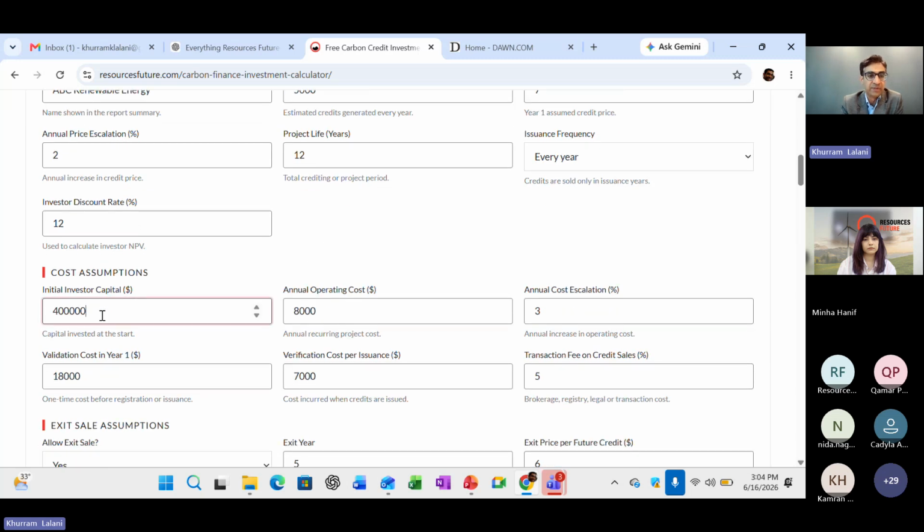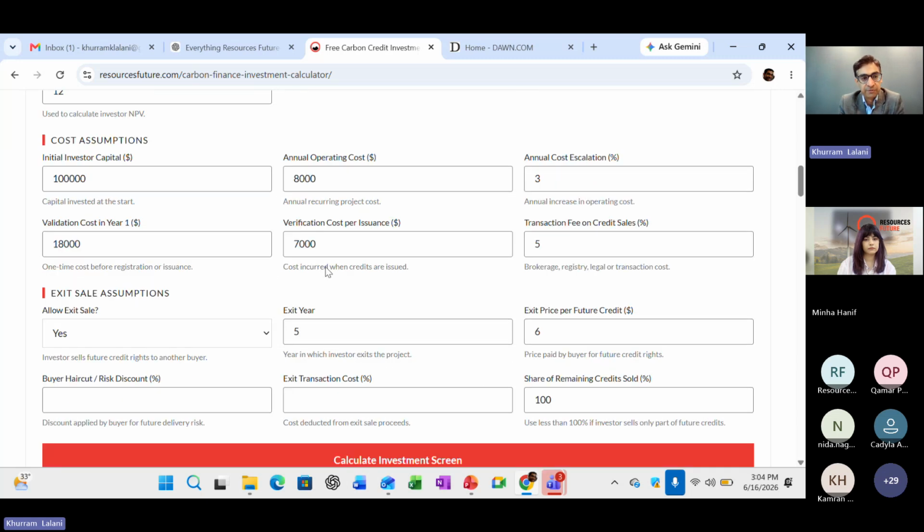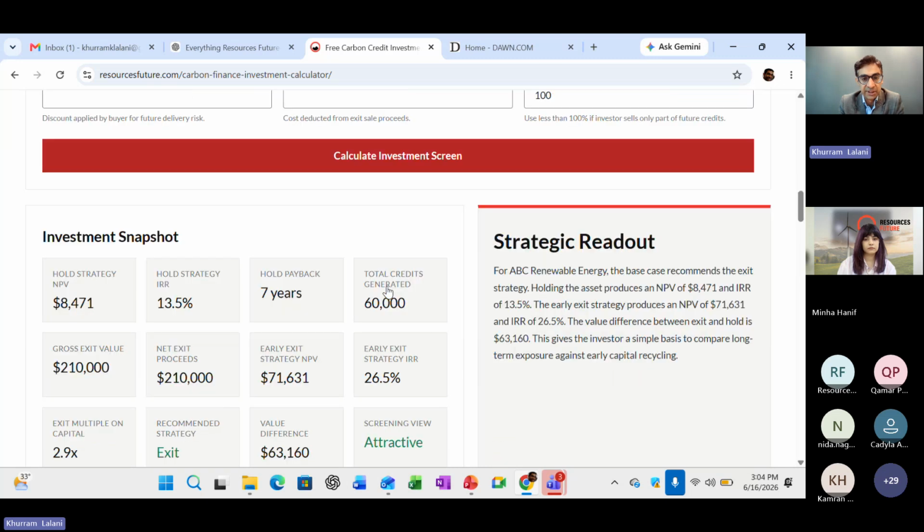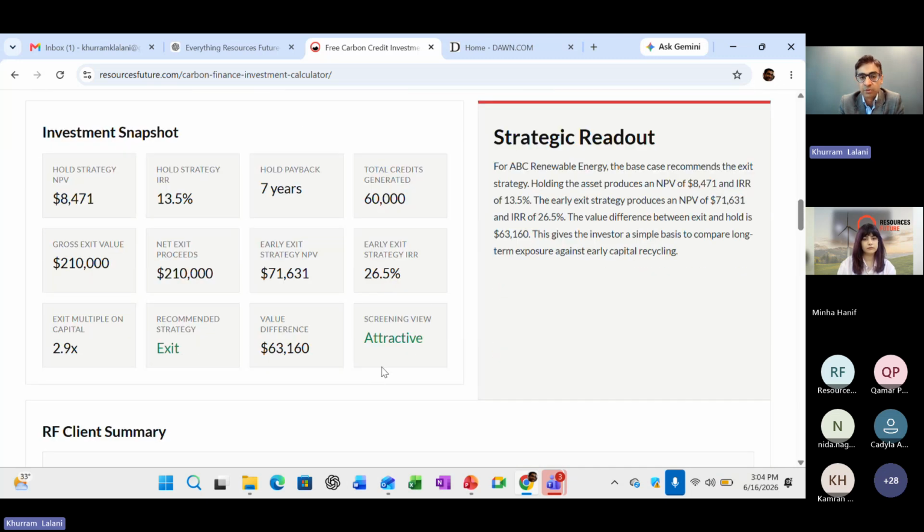Now, for example, if the investor initial capital is not 400,000, but maybe 100,000, which is typically the case, and if I calculate my investment screen, it then goes on to show me that the project becomes attractive.